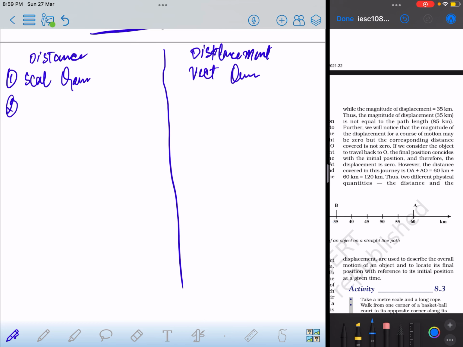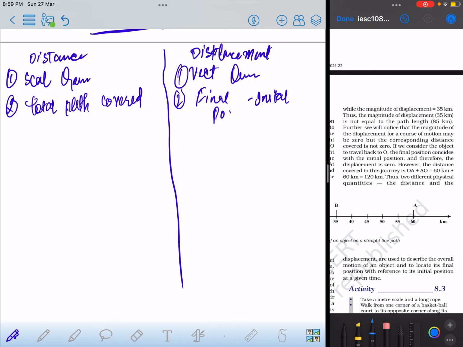Second, distance is the total path covered, while for displacement we get the value from final minus initial positions, or the shortest path.